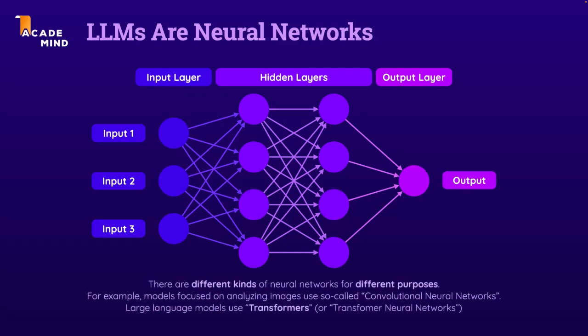Now, there are different kinds of neural networks for different purposes. For example, if you would be training some AI model for working with images, you would often work with so-called convolutional neural networks. But for working with text, the state-of-the-art type of neural networks are so-called transformers or transformer neural networks.